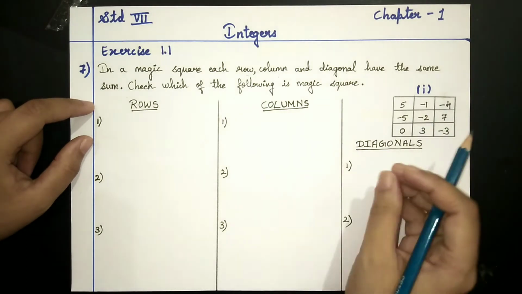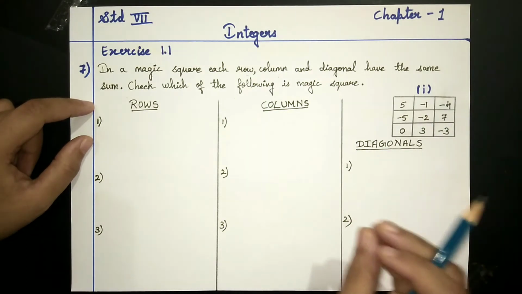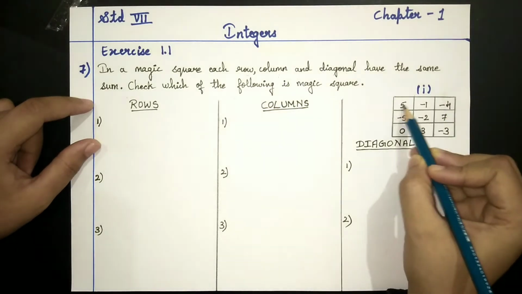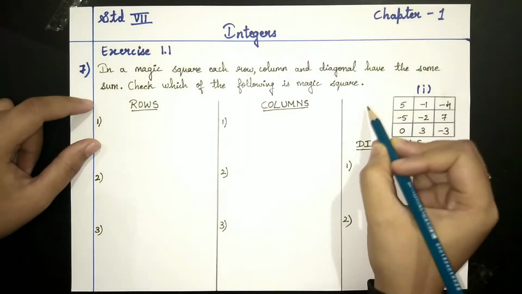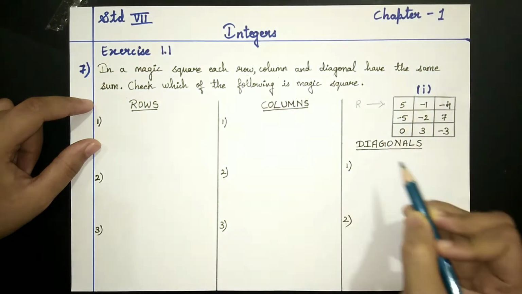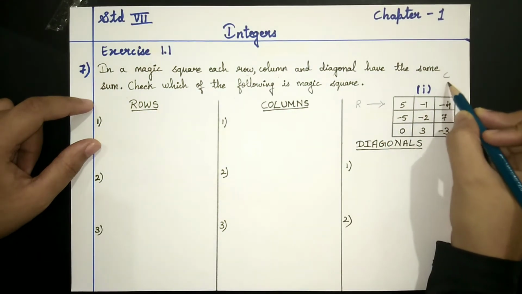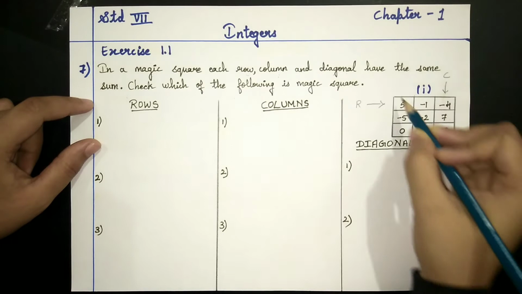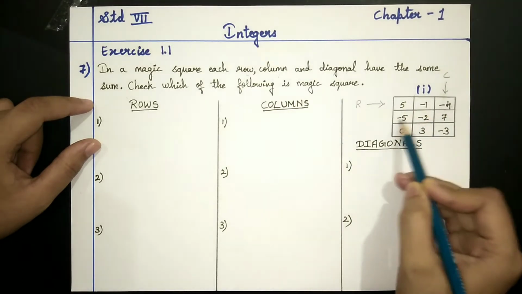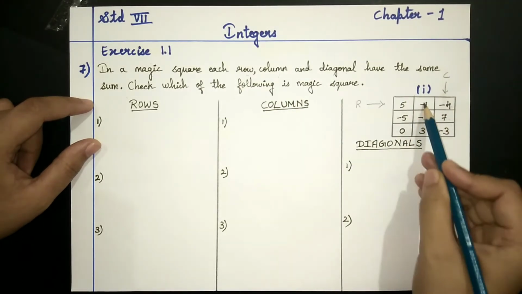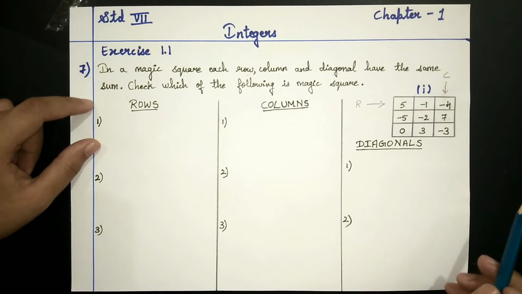So first let us know what are rows and what are columns and what are diagonals. So these are the rows, these are the rows, okay, and columns are these ones, okay. Horizontal we call rows and vertical we call columns. And what are the diagonals?